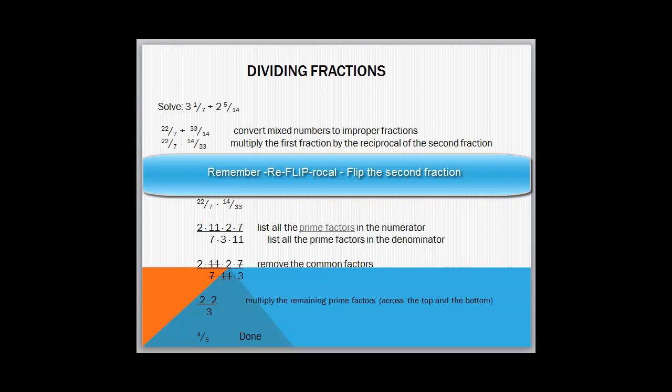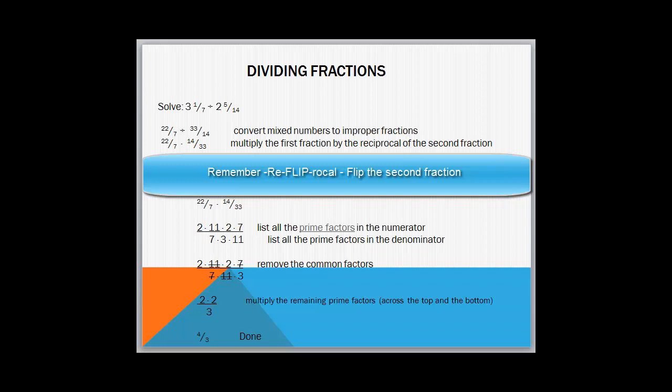And then in the denominator, we have 7 times 33, and that factors down to 7 times 3 times 11. So as we can see, our common factors are 11 and 7, all right? So let's just cross those right off, and then whatever is left, we're just going to multiply, all right? Well, what's left is 2 times 2 on the top. Well, 2 times 2 is 4. And then the only thing left on the bottom is 3, all right? So 3 is our denominator. So our answer is 4/3.